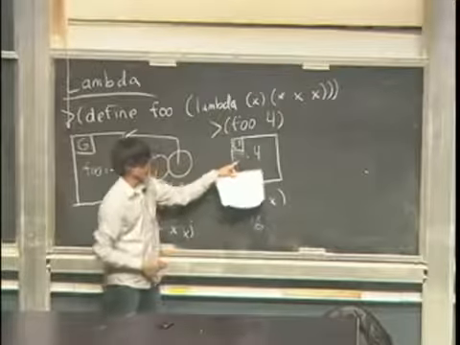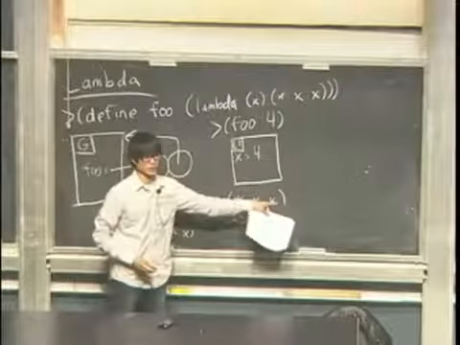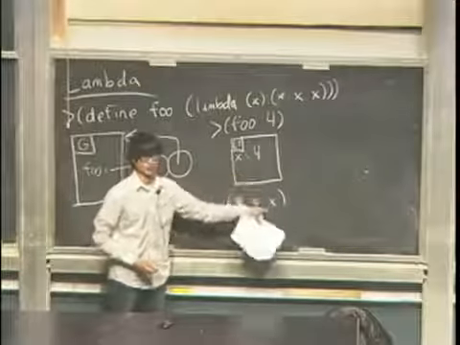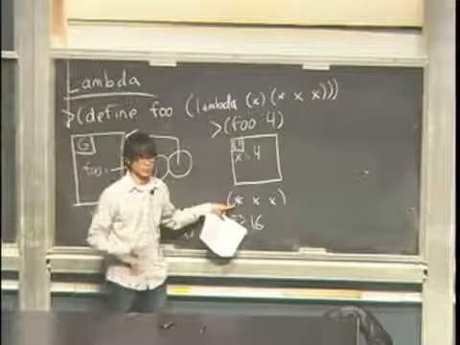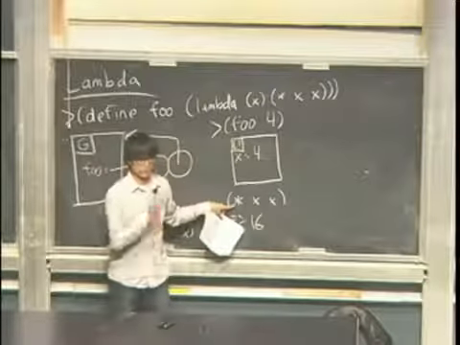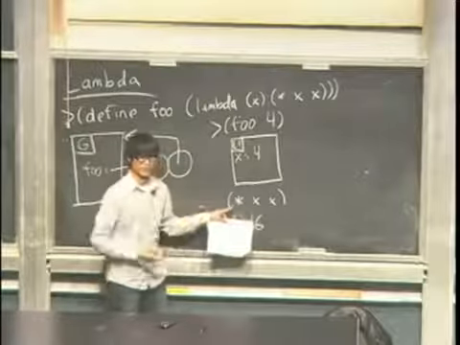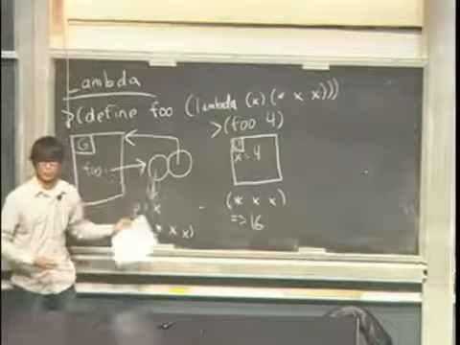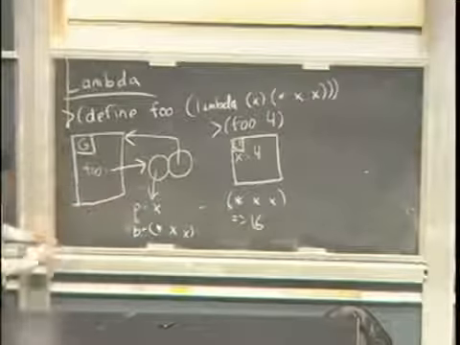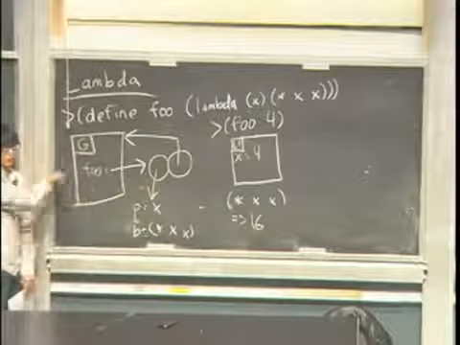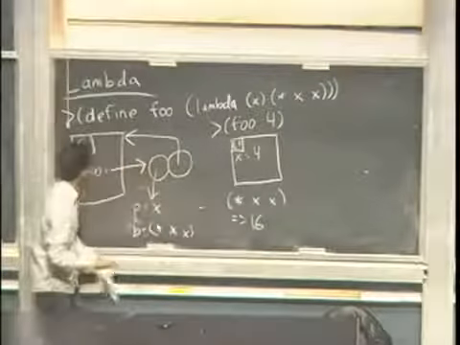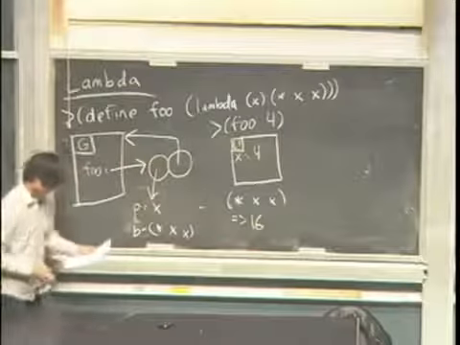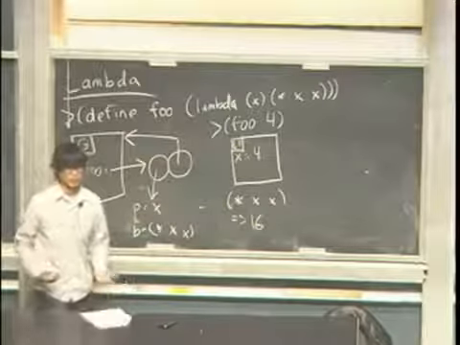So right now, if I try to evaluate times x x in this environment, we do find an x binding, but we don't find a multiplication binding. This is problematic. We don't want an unbound variable times when it's clearly defined in the global. So what we intend is that everything visible in the global environment is also usable in any environments we create. So how do we show this relationship in these diagrams?